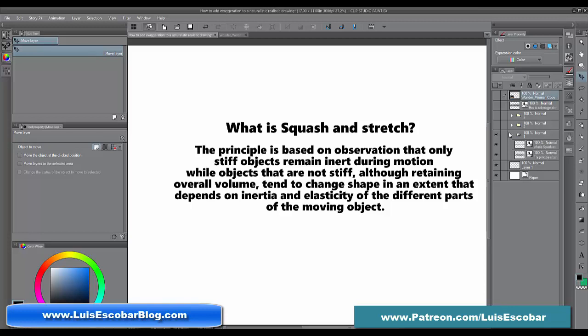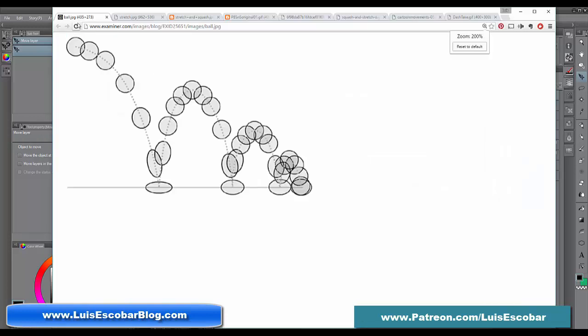So I'm actually going to show you some examples. So here's an example of squash and stretch. Now here we've got a regular ball in its normal way of being, a ball. As it hits the ground, it squashes because of the impact. Now in animation, you anticipate the squash by actually stretching it as it gets closer.